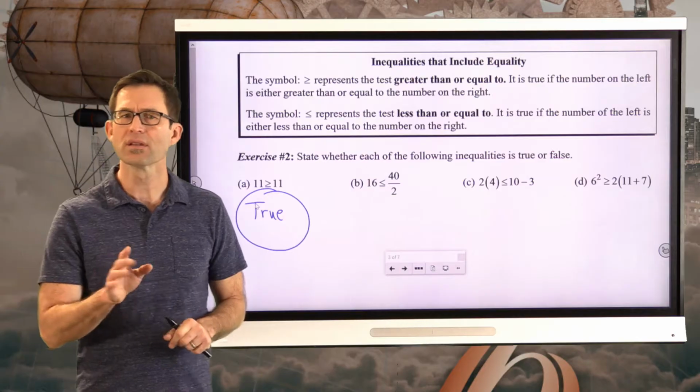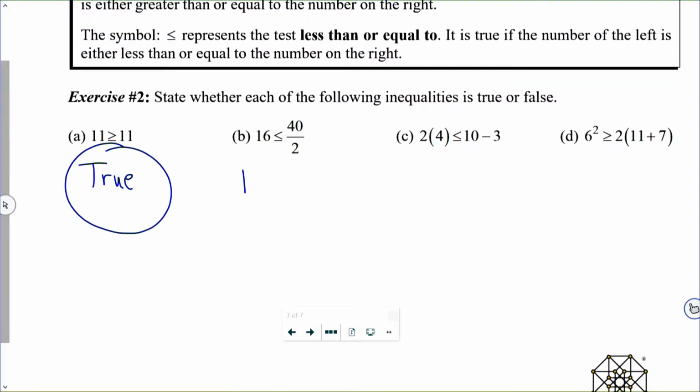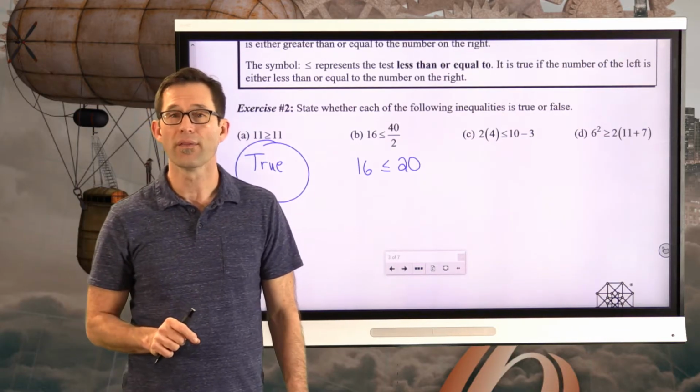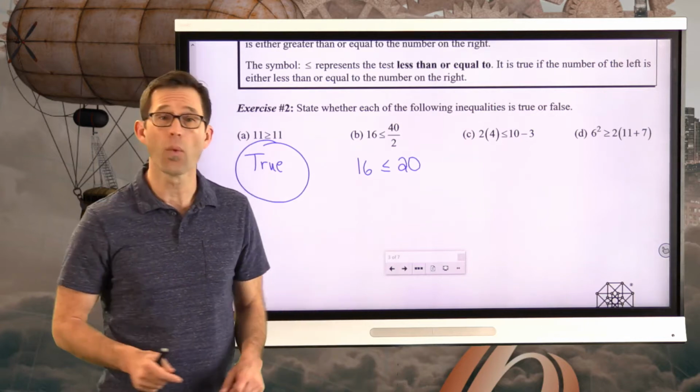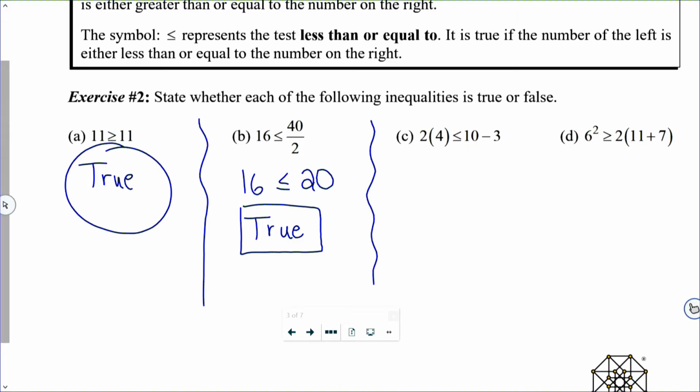And again, this is a little bit tricky, but as long as we can evaluate the 40 divided by 2 and we get 20, then we can say, well, is 16 less than or equal to 20? And the answer is yes. That's true, because 16 is less than 20. One of the two things has to be true. Either the equality has to be true or the inequality has to be true.